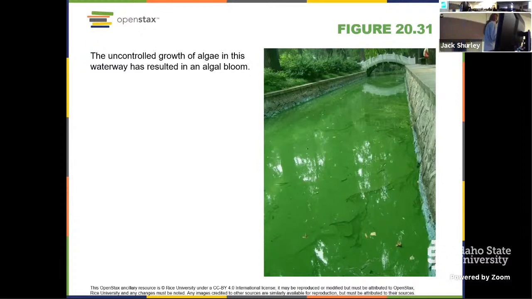Her concern was all of these little ponds, all of these water features around the golf course. They're getting full of algae, getting completely overgrown, and kind of an eyesore. Doesn't really look very good, right?